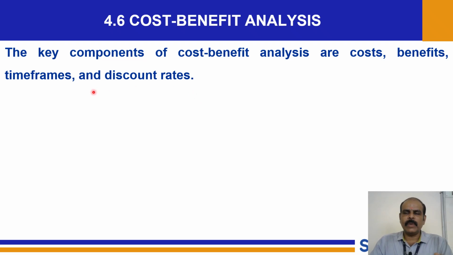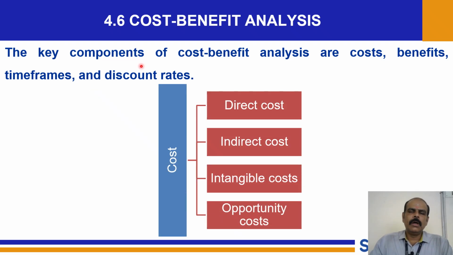That's where the tools are going to offer advantage from various perspectives. Based on cost, there are four types of costs. The first is direct cost, second is indirect cost, third is intangible cost, and the fourth is opportunity cost. Now we'll discuss everything one by one in detail.